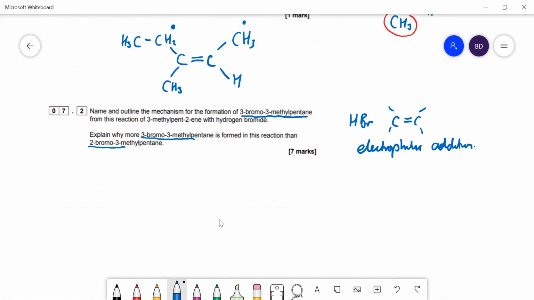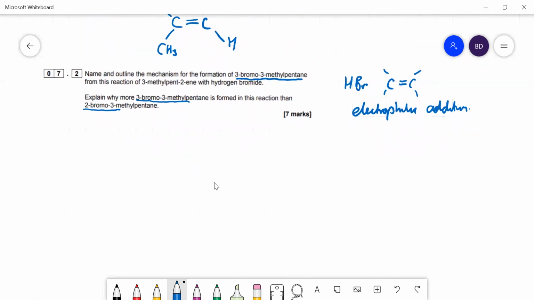So let's go through the mechanism then. We've got 3-methyl-pentene. Let's draw that. We have that there, and on this side we've got a methyl group, and we have an ethyl group, which I'll just draw as C2H5.